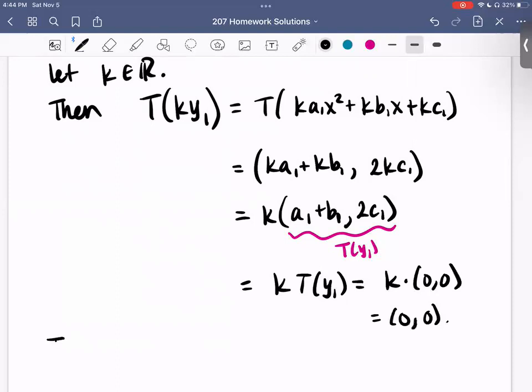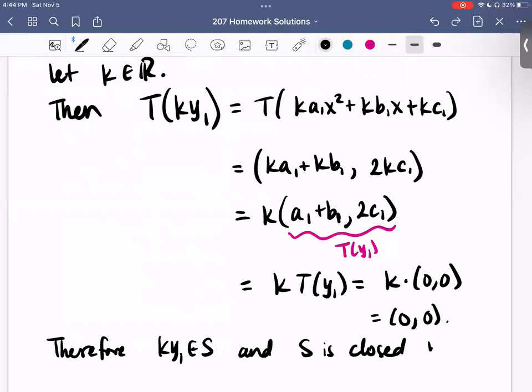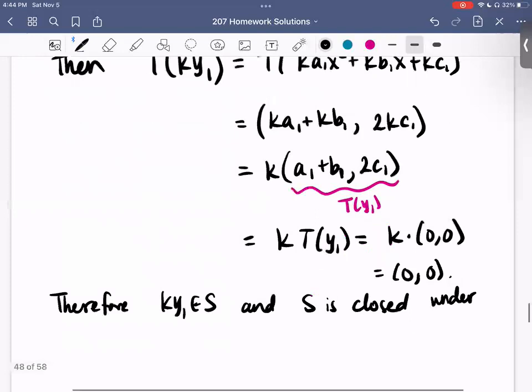Therefore, k y1 is in S, and S is closed under scalar multiplication.